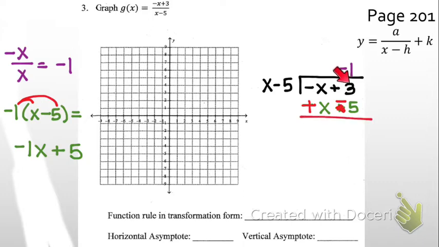So in your calculators, you're typing in 3 minus 5.